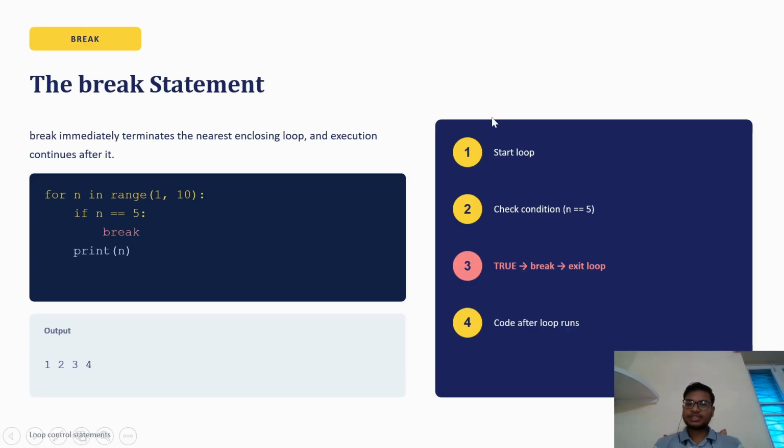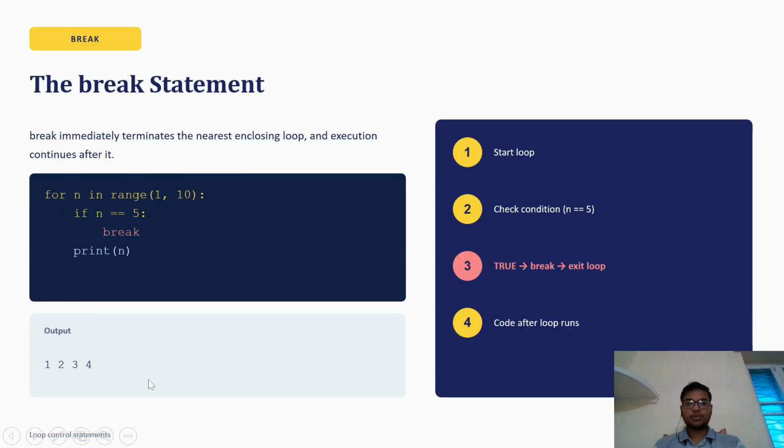The key steps: first, start the loop. After that, check the condition n == 5. When the condition is true, the break statement works and exits the loop. After this, the code after the loop runs.